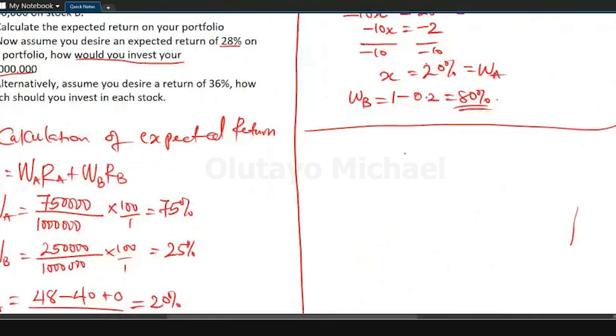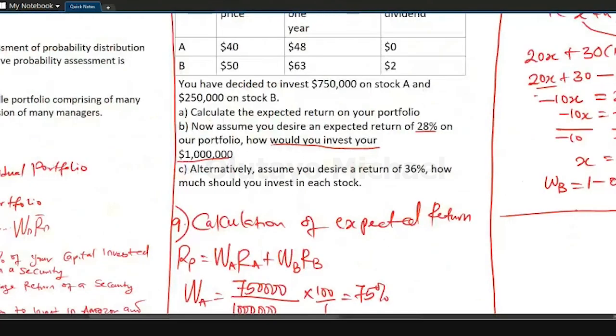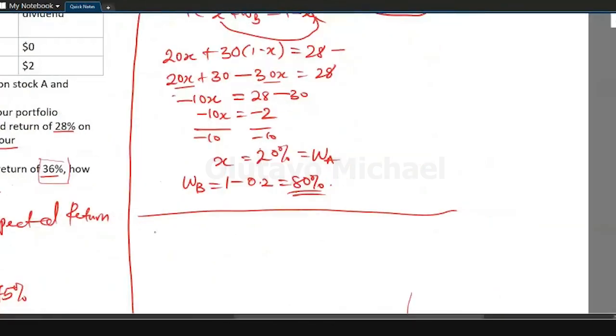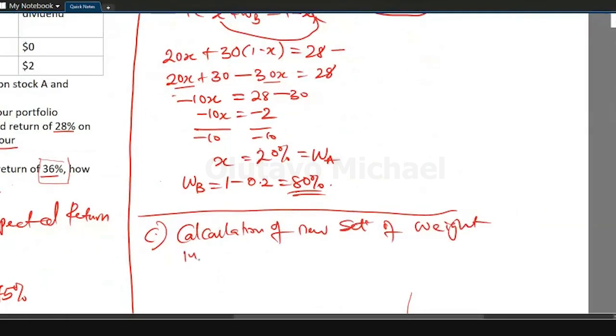The last question under this says, alternatively, assume you desire a return of 36%. How much would you invest in each stock? So it is still asking us to check the fact that we want 36% return, and how we should invest in each stock. Part C is talking about calculation of a new set of weights in order to get 36%.